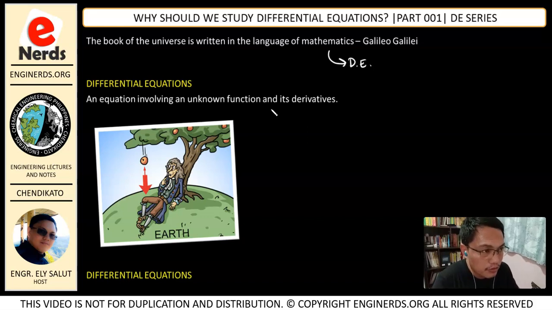So, in order to really visualize kung saan siya ginagamit, let us review itong alam na natin, itong ating Newton's law. So, we know that Newton's law is F = ma. Okay, so we know that. But this is not actually how it is written by Newton.